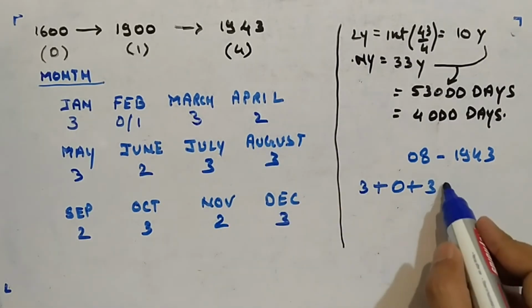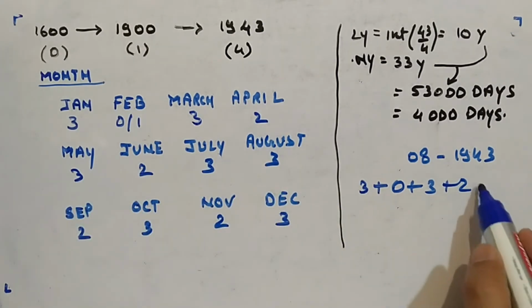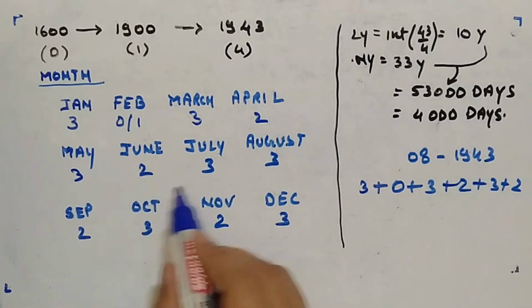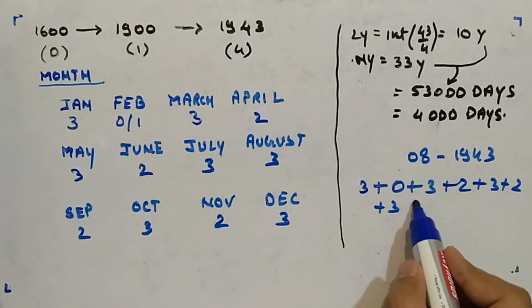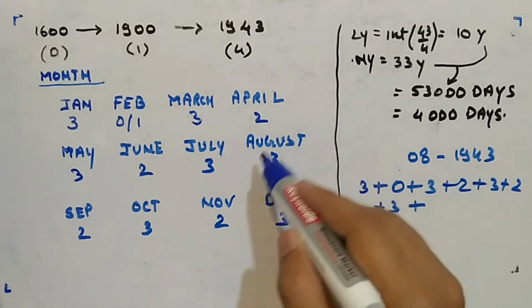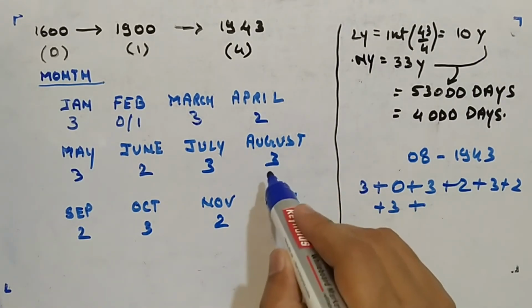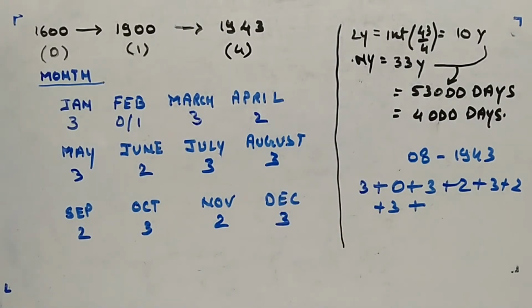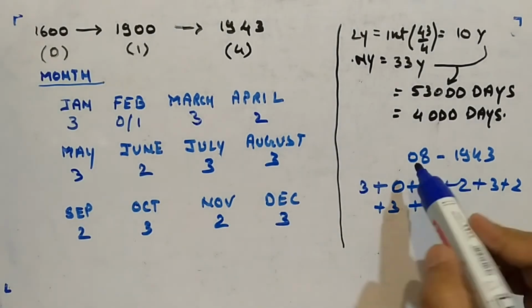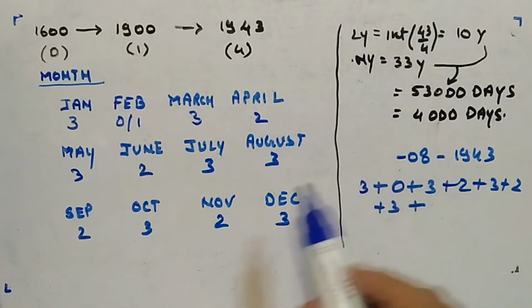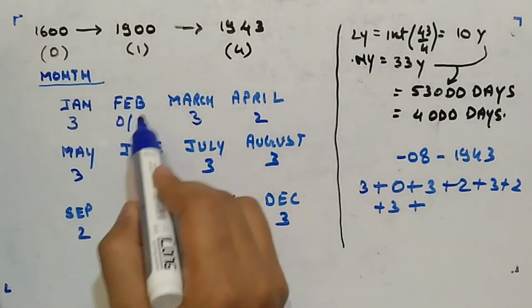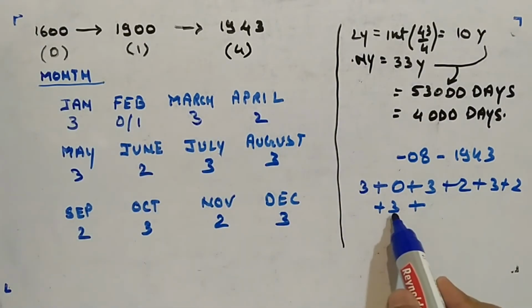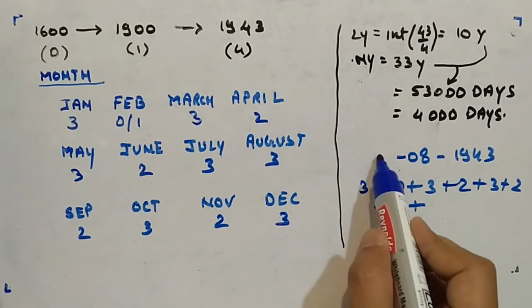So 0 plus 3, and I will come back to the same question. 3 plus 2 plus 3 plus 2 plus 3, and now this month is not complete. I have not given the date. If you complete the whole month of these, you have to take the odd days, but for August you are not given the date.